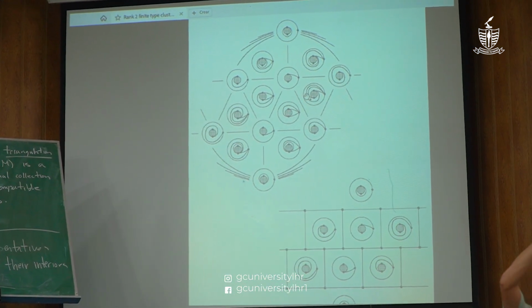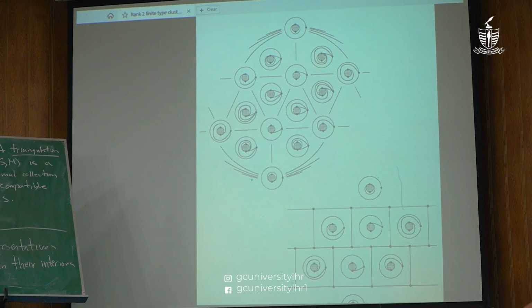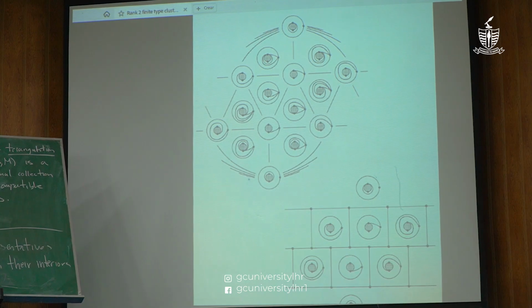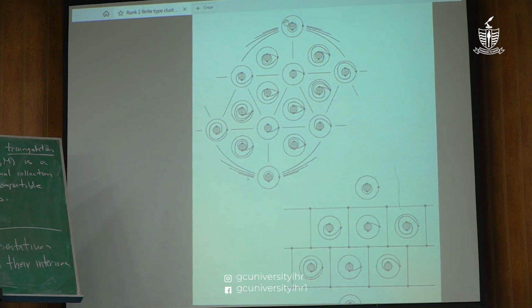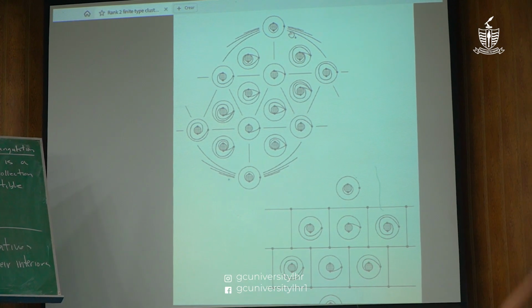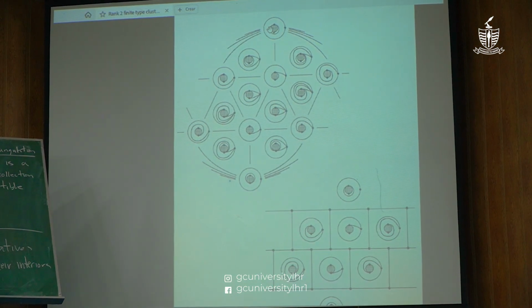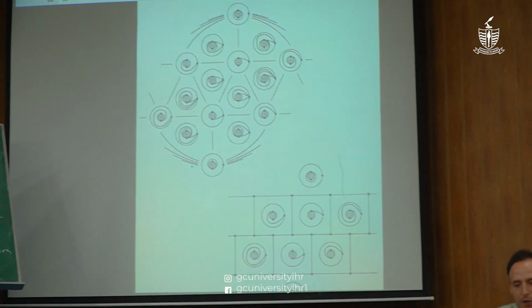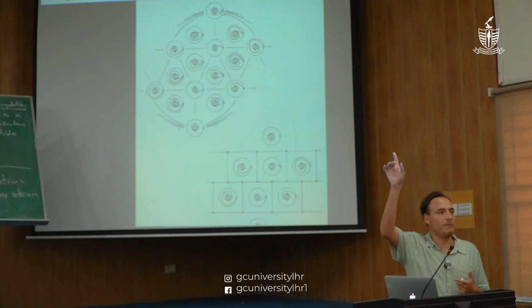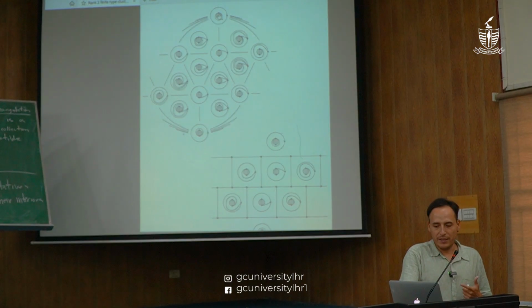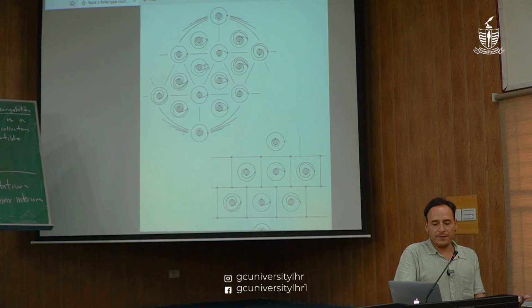The cylinder or the annulus has two boundary components, right? One circle and another circle. You can see the exterior circle is one boundary component, and the interior circle is another boundary component. One of the components has one marked point, and the other component has two marked points.